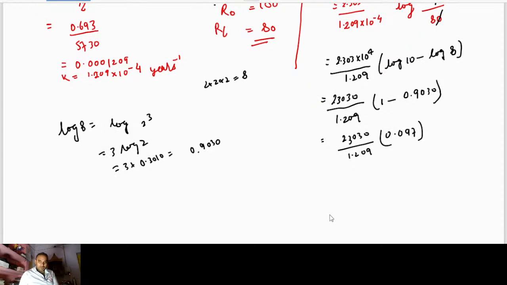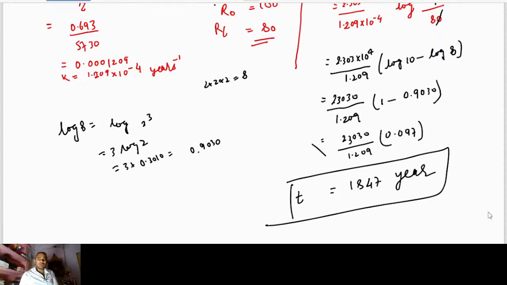So 23030 divided by 1.209, so 1847 years will come, student. 1847 years. The age of the plant, T is equal to how much, student? 1847.